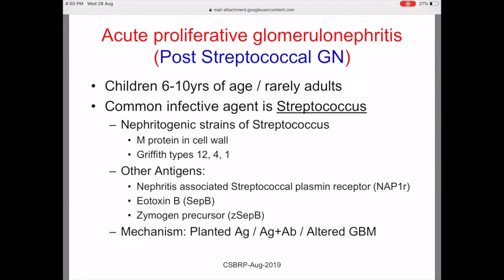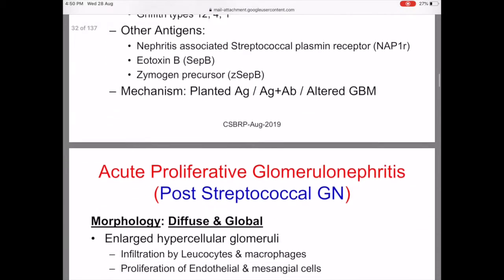Other antigens may be exotoxin B or nephritis-associated streptococcal plasmin receptor, NAP1, or zymogen precursor. The mechanism is that they may get implanted, or it may be due to circulating antigen-antibody complexes, or due to altered basement membrane of the glomerulus.